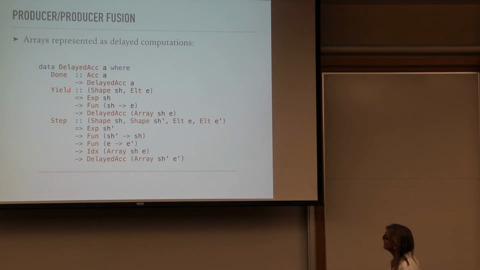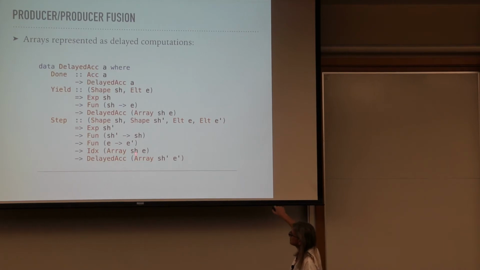Or if it's a real delayed array, then we just remember the shape, we remember the function from shape to expression, and then we can compute it if we need to. So basically, this remembers the arguments to the generator function. And then we have, this is not strictly speaking necessary because it's a special case of yield.